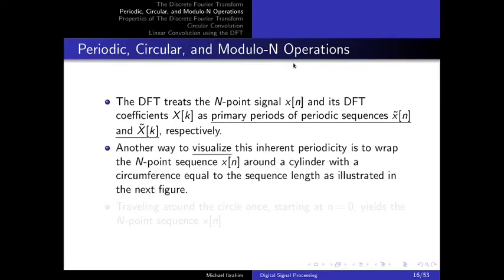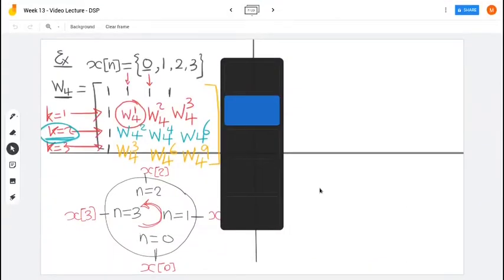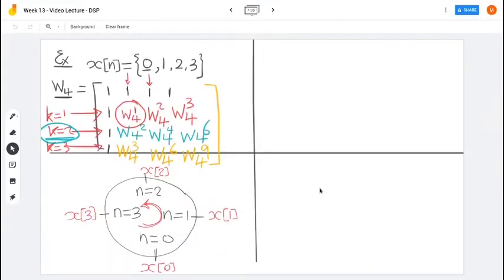So, one way to visualize this inherent periodicity, the periodicity we have in x of n and x of k, is to wrap the N-point sequence around a cylinder with a circumference equal to the sequence length, as seen in this figure. As you can see over here, we have a circle, and let's assume we have capital N equal to 4, so the time goes from 0 up to N minus 1, which is 3.